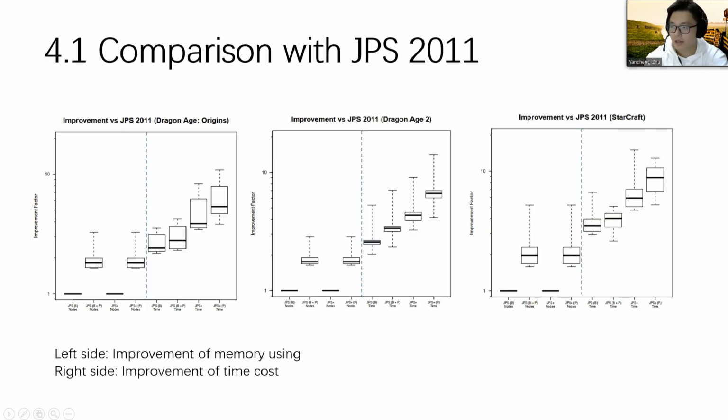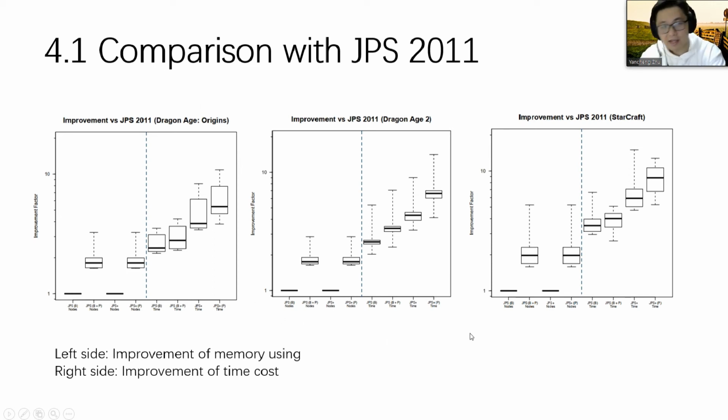Part 4 is about the comparison. First, let's compare it with the former version of JPS. There are 3 plots here related to 3 kinds of computer games. The left side of the plot gives us the improvement of memory use, and the right side gives us the improvement of time cost.